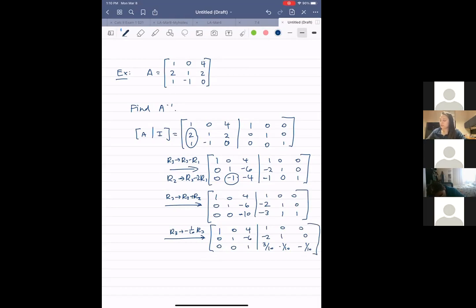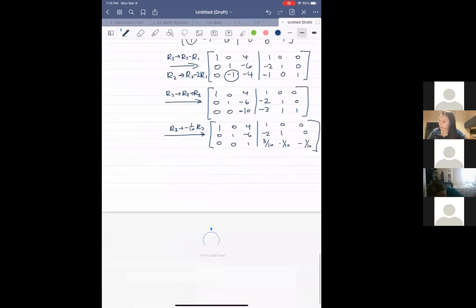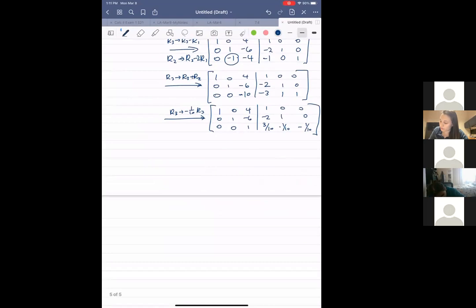Okay, and then the rest of this will probably be somewhat messy because now we'll have fractions. But let's see, we want to clear now these two numbers in the column above that last pivot. So we get row 2 replaced with row 2 plus 6 times row 3.